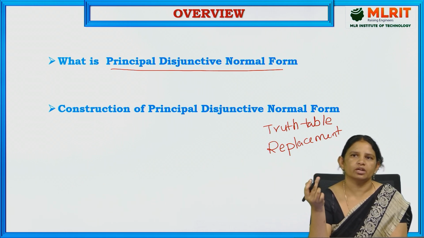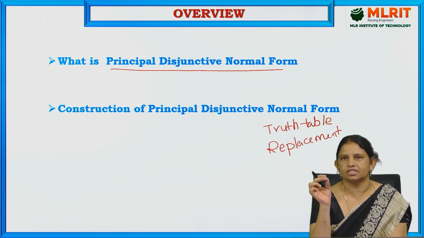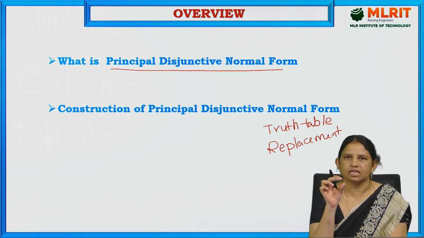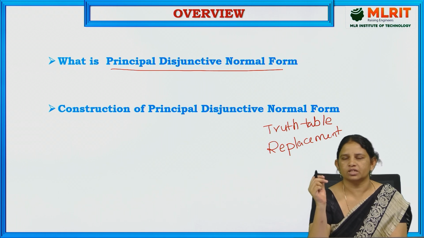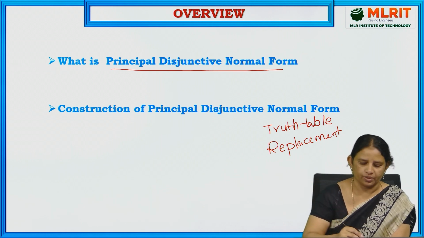Using the truth table, we are going to construct the principal disjunctive normal form and find the minterms that are present in the table. We need to collect all those minterms and take the sum of minterms, which becomes the principal disjunctive normal form. So first of all, we need to understand what is meant by minterm.